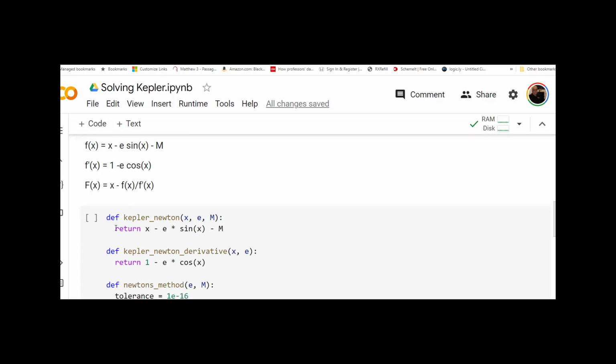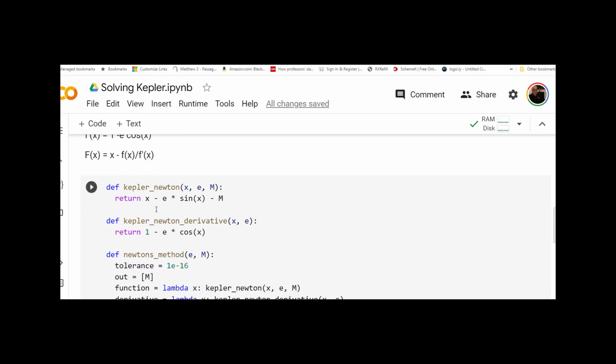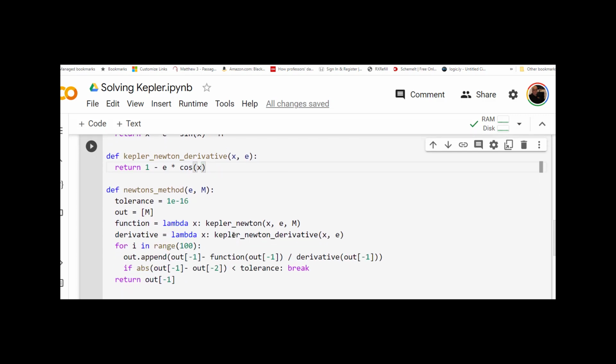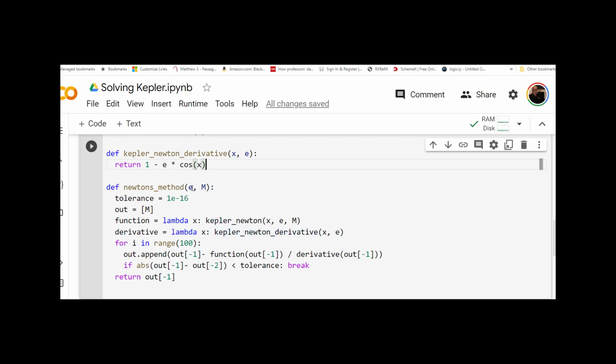And so what I do here, I define my function, the Kepler Newton function, and this is the derivative of the Kepler Newton function, and then I put it in Newton's method, which will have two parameters.